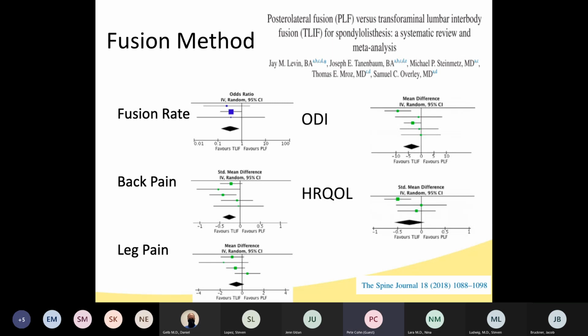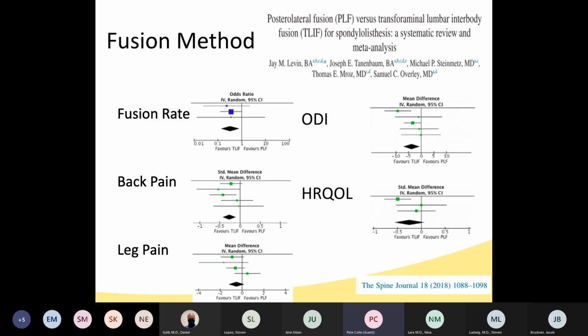So this was another similar meta-analysis, and this one was looking specifically at TLIFs versus posterior lateral fusion. And again, they found that the interbody improved the fusion rate significantly. There were improvements in back pain and ODI scores, but there were no real, at least significant, changes in health-related quality of life scores.